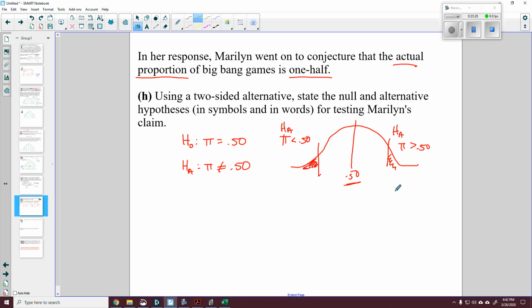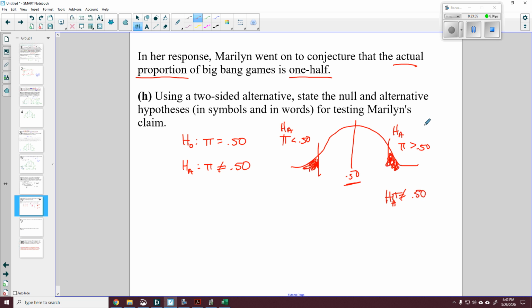But when I say pi not equal to 0.50, I actually add both of these p-values together because I'm not saying that it's greater than or less than, I'm just saying it's not equal to. So my p-value has to be larger to prove that. And so it's a little bit harder to prove since it's a larger p-value.